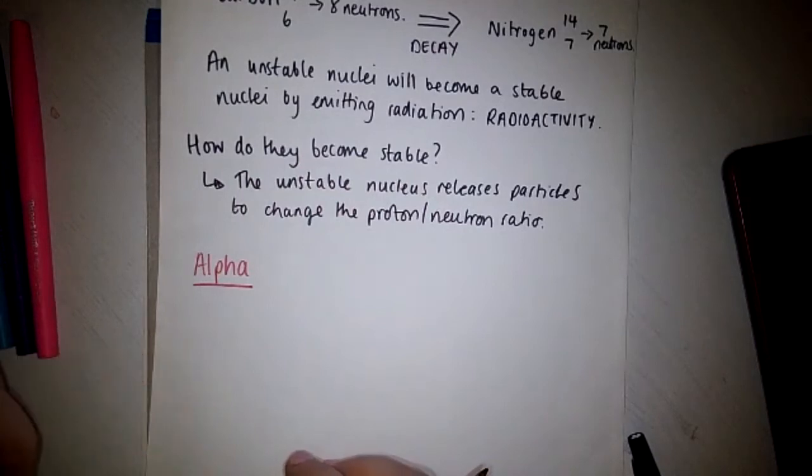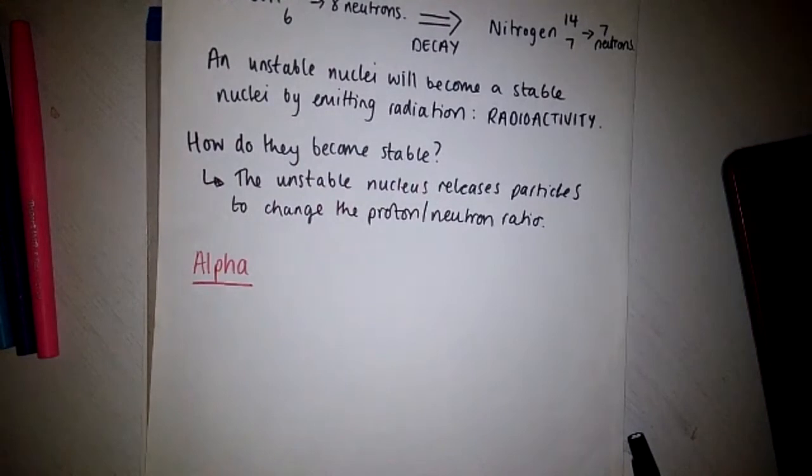If you look at helium on the periodic table, helium has a mass number of 4 and a proton number of 2. If you subtract 2 from 4 to work out the number of neutrons, you've got 2 neutrons and 2 protons. So that's what an alpha particle is. An alpha particle consists of 2 protons and 2 neutrons.